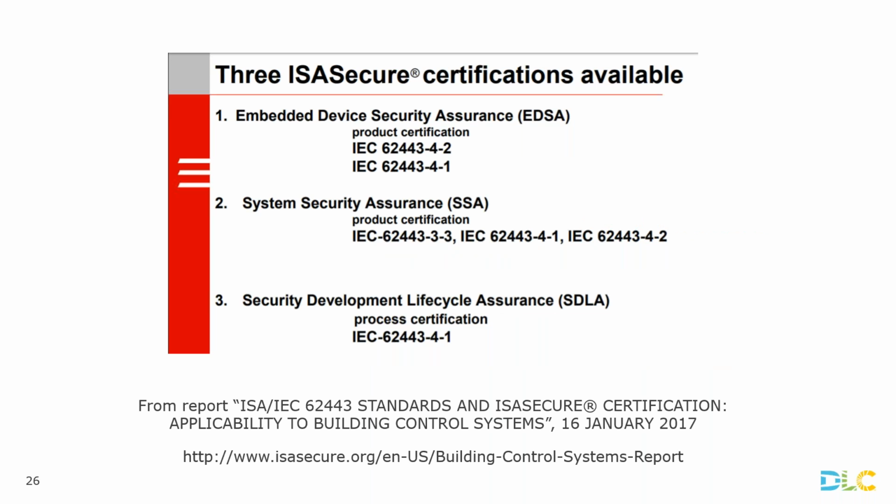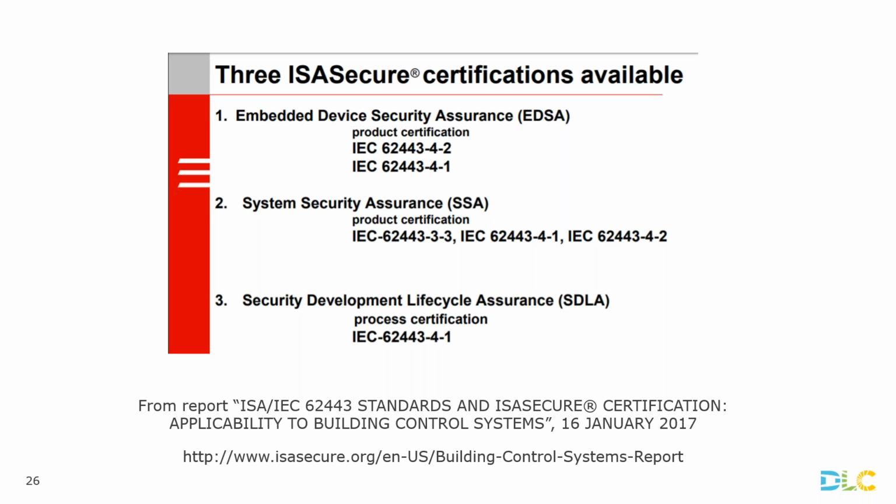In particular, ISASecure offers these three certifications through the labs that they have accredited, where you can see the different suffixes. The first one would be -4-2 and -4-1, where -4-2 is more product related, and -4-1 is for the particular department designing the product. And then number 2, the system security assurance, would also include the -3-3. That's a more general high-level system question.